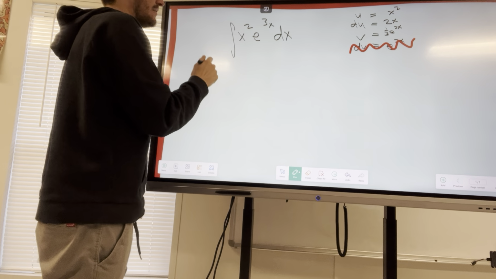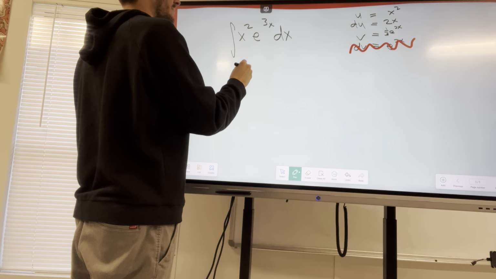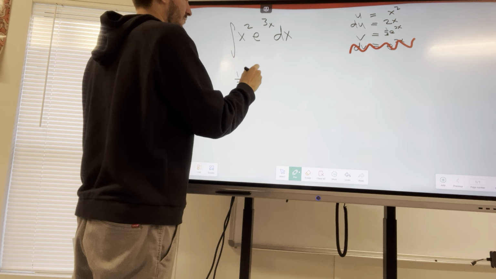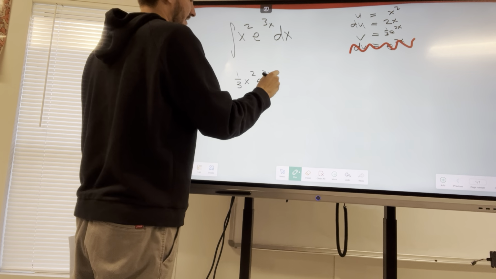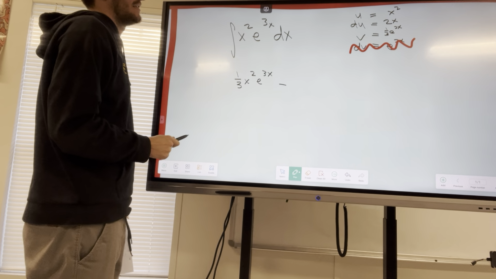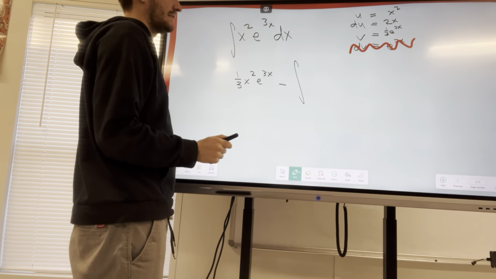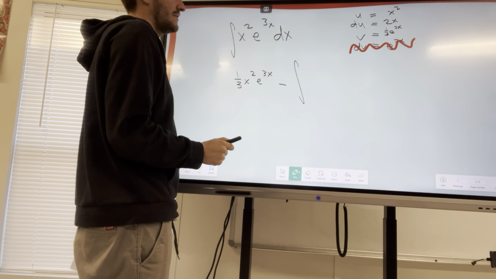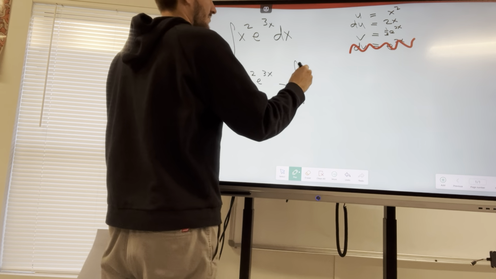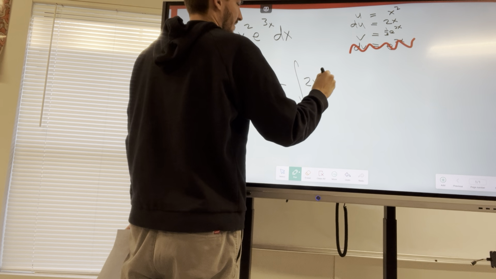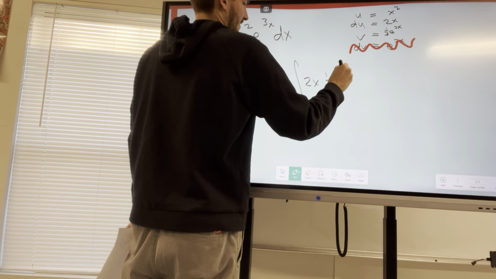We need to use our little formula, which would be 1/3 x squared e to the 3x minus, that's my u and my v, the integral of, now I'm going to use my du and my v.